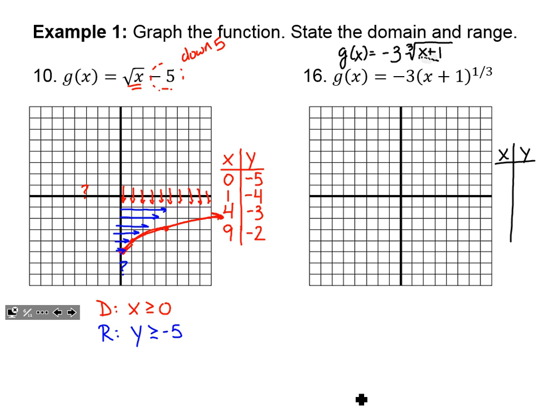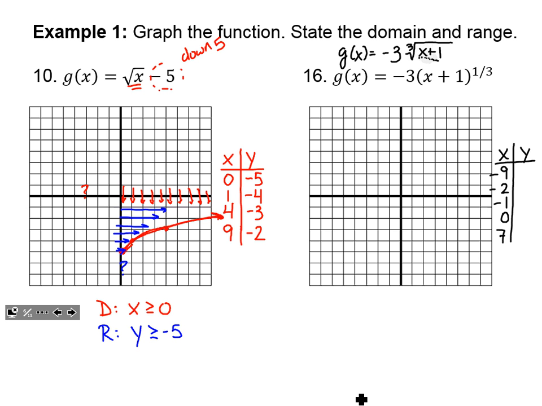So let's try negative 9, and then how about negative 2, negative 1, 0, how about positive 7? If I choose those 5 inputs, I think I'll get clean outputs.